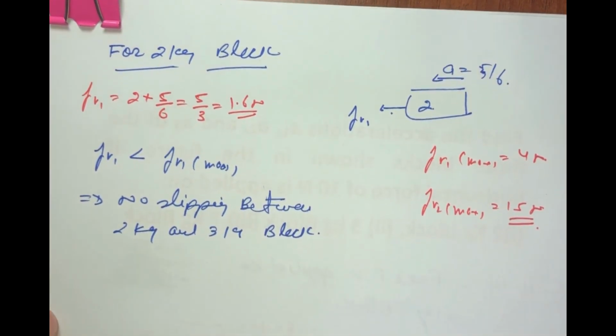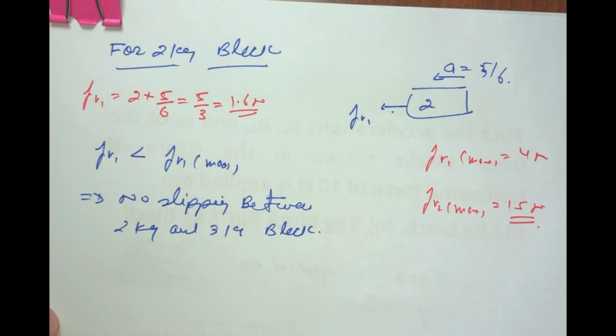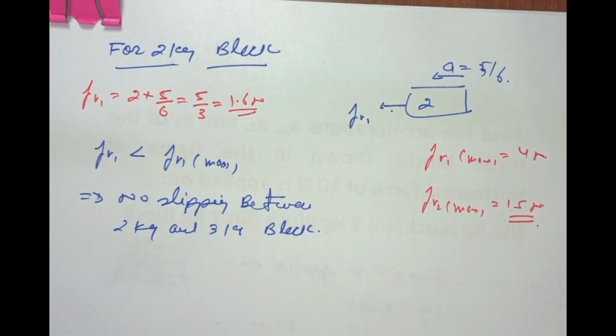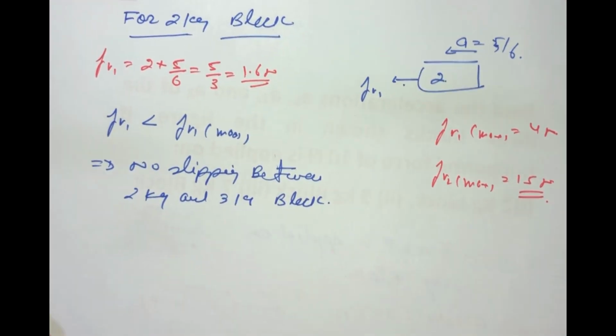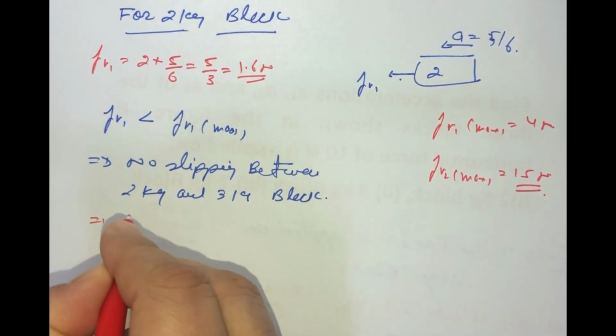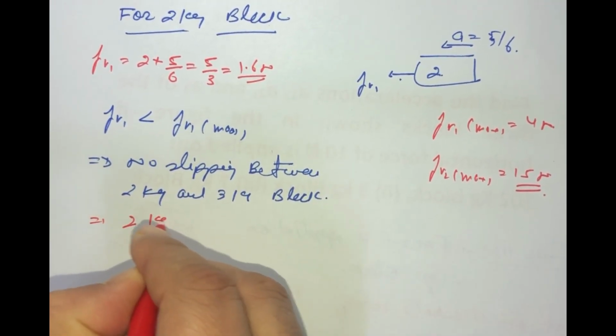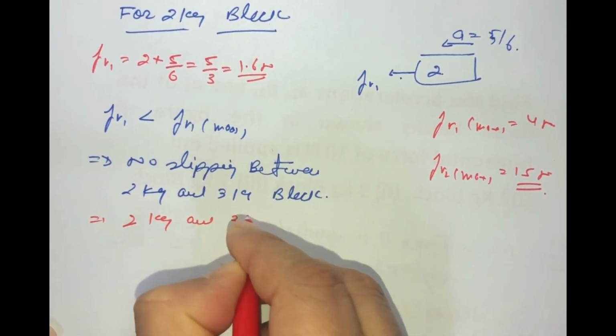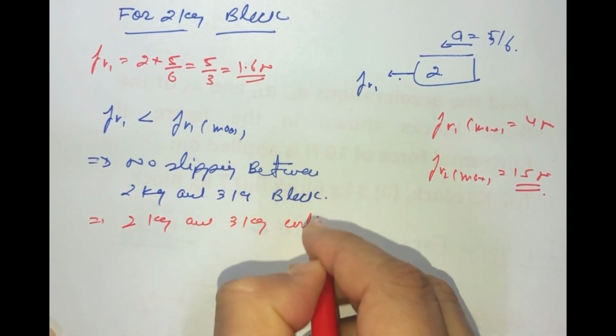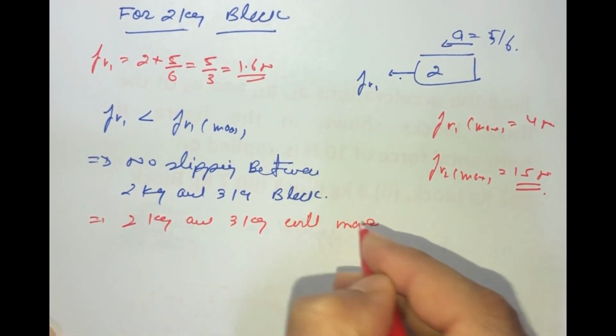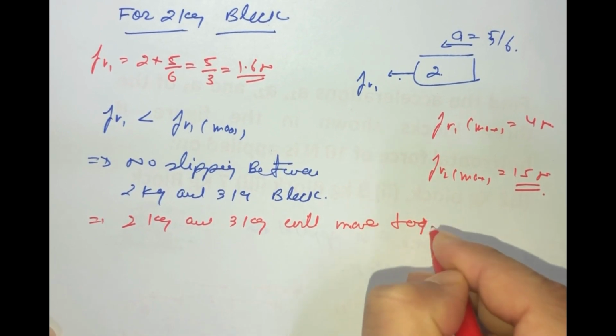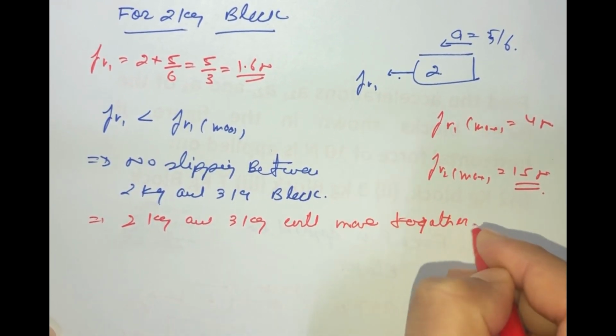So this is our first part. If there is no slipping, 2 kg and 3 kg will move together.